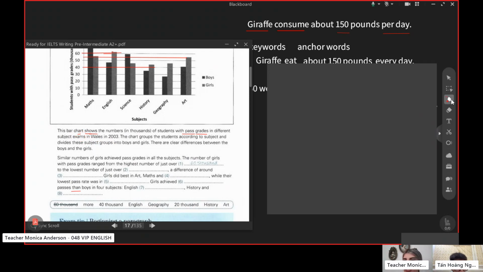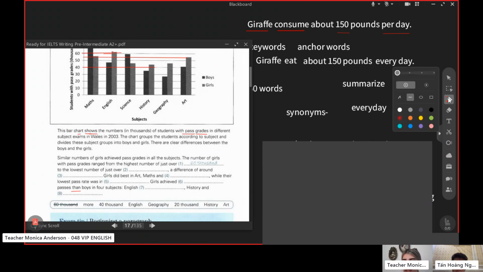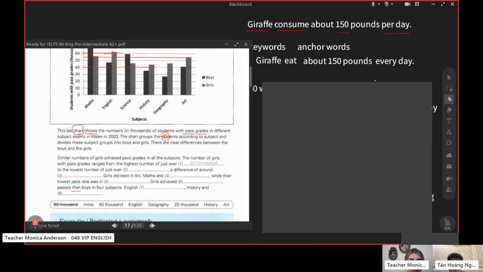So let me actually circle it so that you don't get confused. Okay, so bar chart. I'm sorry, I need to underline. Circle this one and the number of students, the number in thousands of students. Of course, in thousands, this is an anchor. We can't use a synonym.